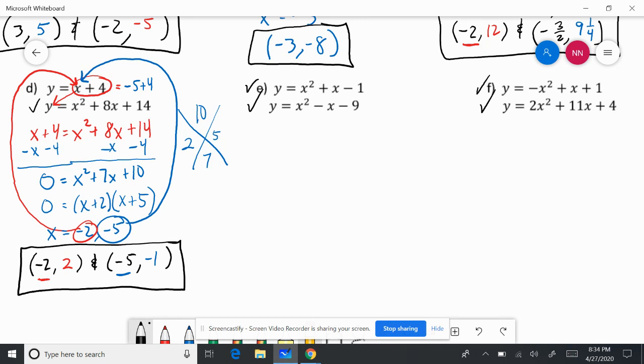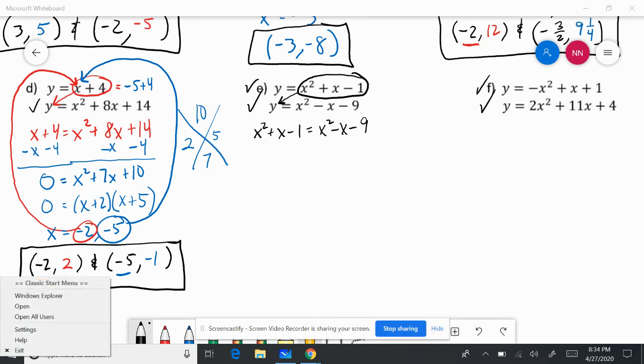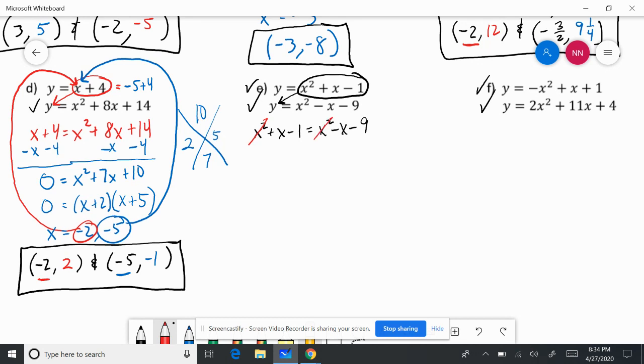Now, looking at letter E, I'm going to take my expression right here and substitute it into the other equation. Since this is equal to y, I'm plugging it in for y. I get x squared plus x minus 1 equals x squared minus x minus 9. Now, if we're looking closely, what we notice is that the x squareds cancel.